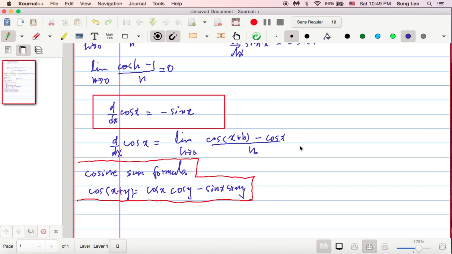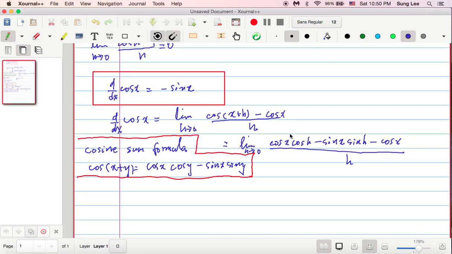Using this cosine sum formula, this equals the limit as h goes to 0 of cosine x cosine h minus sine x sine h minus cosine x, all over h.